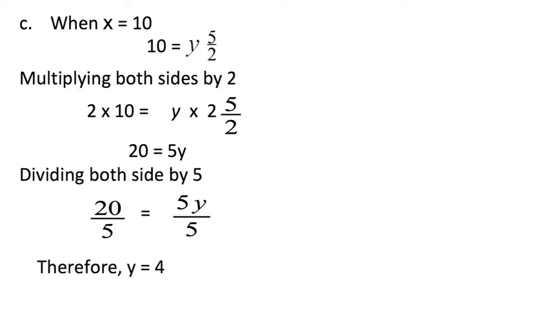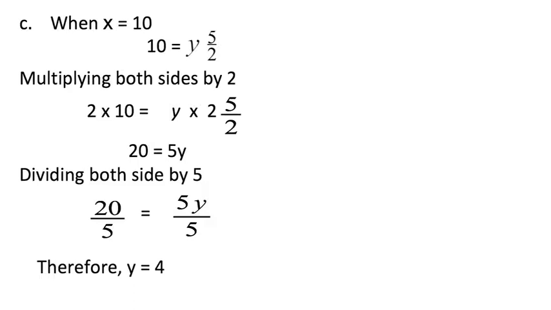Then C part of the question, we are to find the value of y when x equals 10. The same thing, you go back to the formula x equals 5 over 2 y and substitute 10 for x. That is, 10 equals 5 over 2 y.